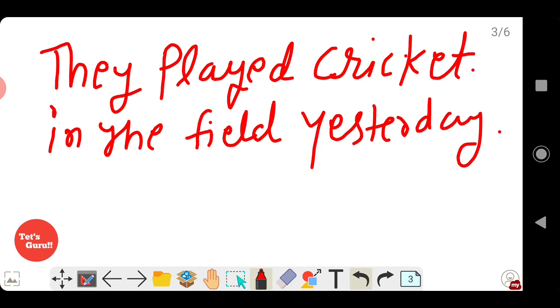They played cricket in the field yesterday. You can see the example on the screen, and you have to speak it again and again.